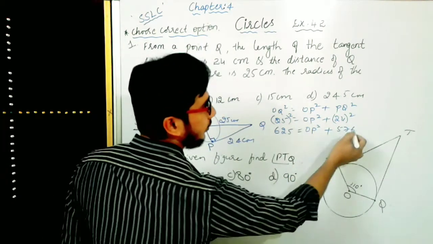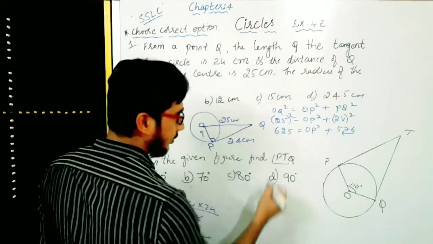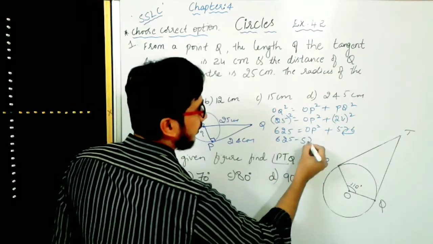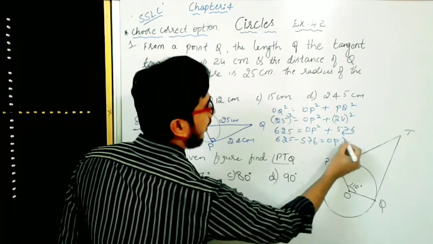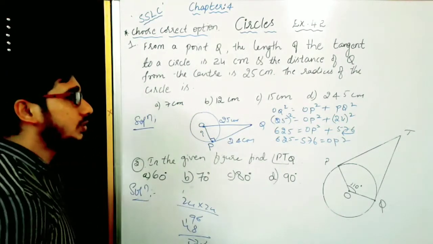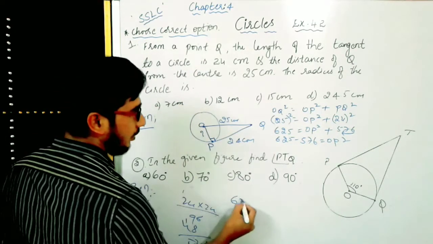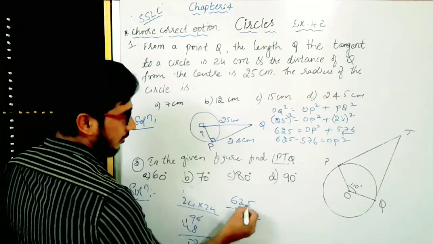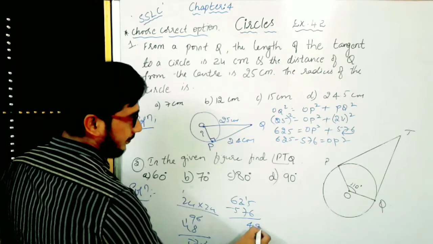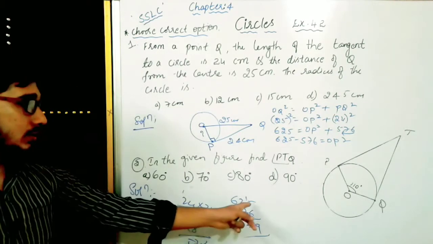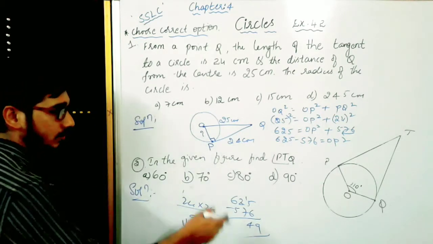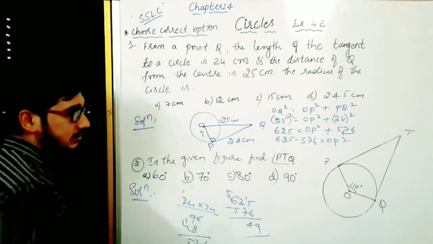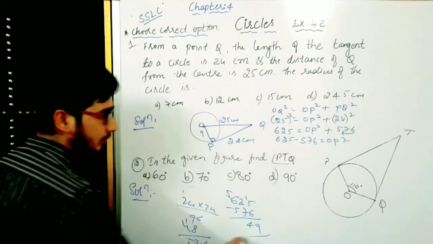576. Now take it to the LHS to simplify. 625 minus 576 is equal to OP square. So how much is 625 minus 576? It is 49. 15 minus 6 is 9, then 12 minus 11 minus 7 is 4, 49.